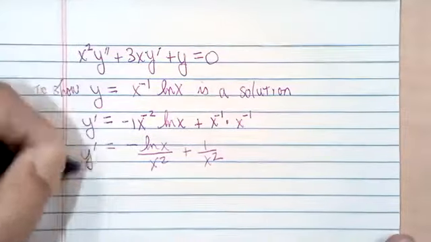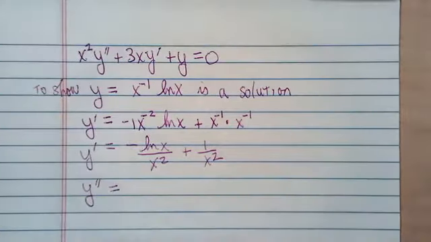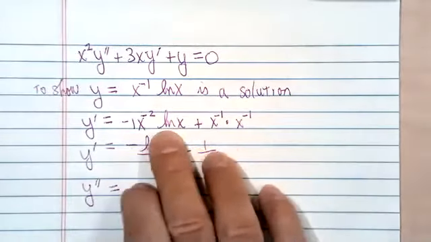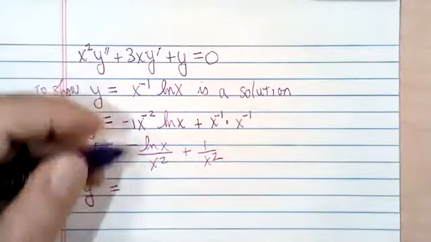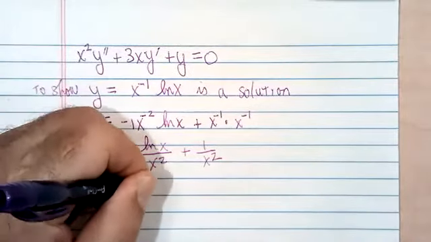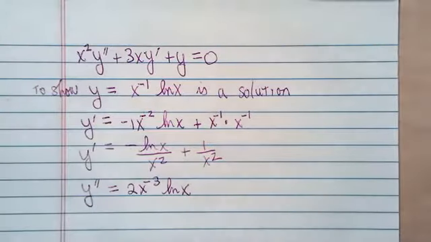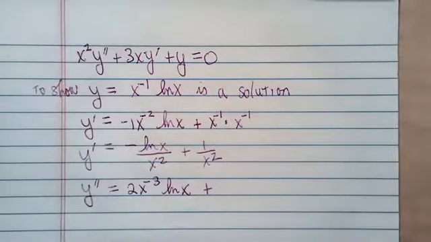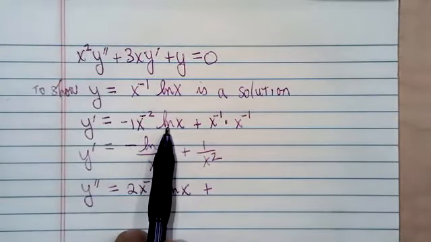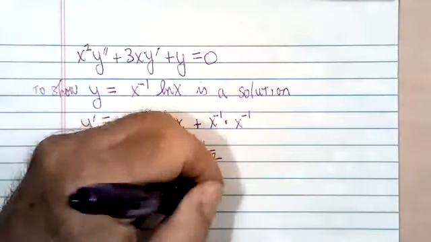So that's y prime. Y double prime, probably easier to work with this first form here. Next derivative, minus 2 times minus 1, so 2x to the minus 3 log x plus, now taking the derivative of log x, you get 1 over x, so minus 1 x to the minus 3.